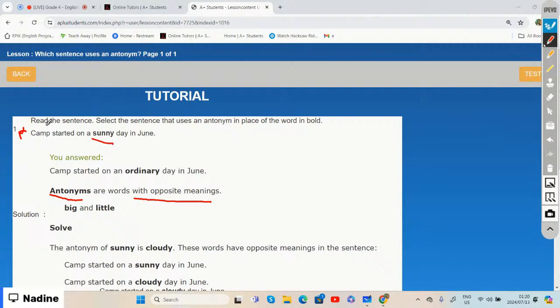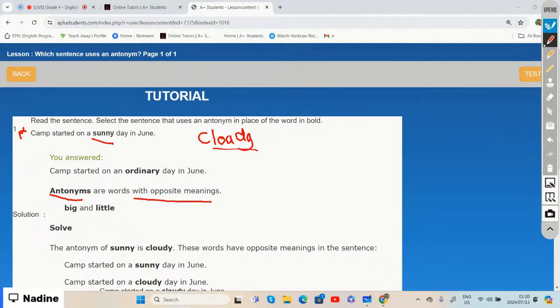Then we can say camp started on a cloudy day in June, right? Which means that the opposite of sunny is cloudy. You can also say a rainy day.